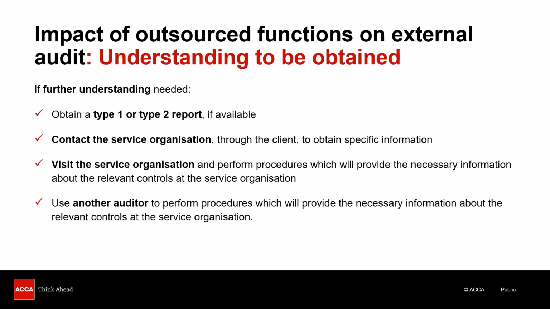We can contact the service organization and ask for specific information that we require. We can also visit the service organization and carry out the procedures on their controls ourselves, or we can use a completely different auditor to perform procedures on their controls. Ultimately, one way or the other, I need to get assurance on the controls that the service organization has in place.